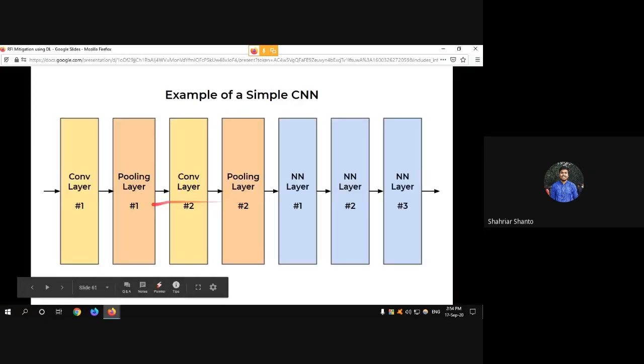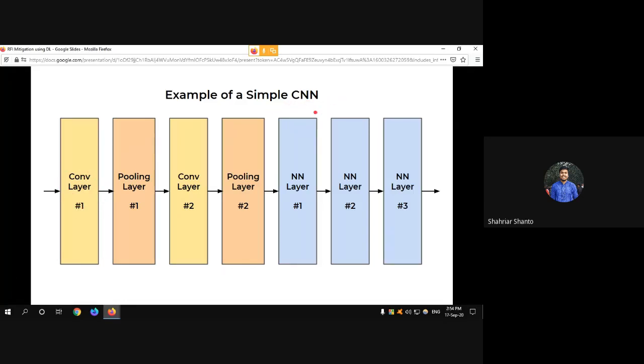If we see here, convolution layers are the first layers in a simple convolutional neural network. Convolution layers and pooling layers actually simplify the image to be learned by the neural network. So the weights and biases in the neural network layers only need to learn the simplified or amplified version of the image we fed in.